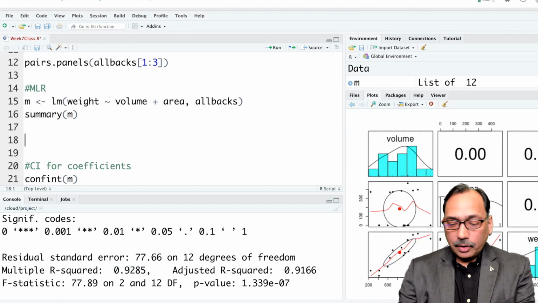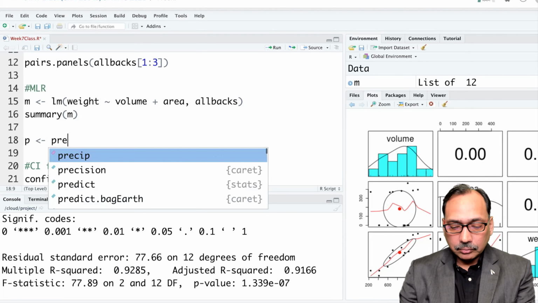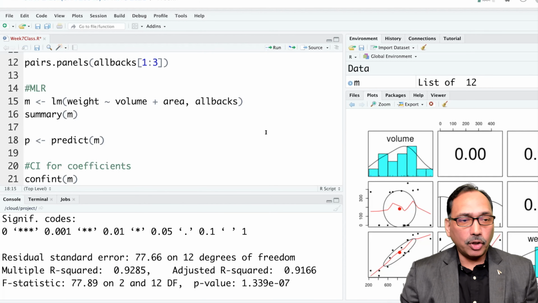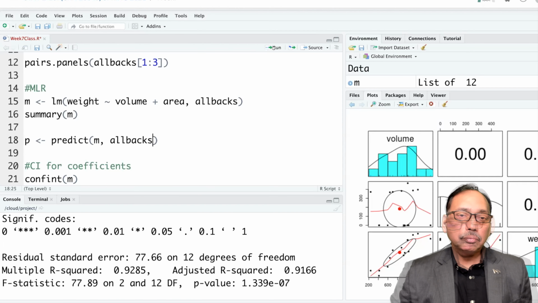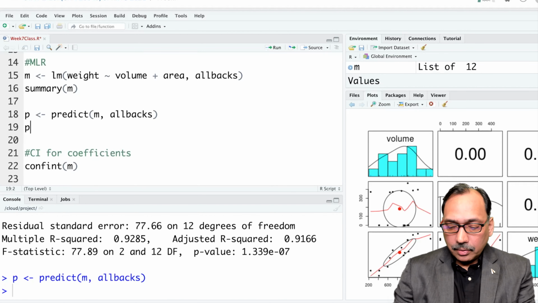So let me do some predictions here and save that in P. I'm going to use this linear model M, and we'll do predictions for all backs and store them in P, and then plot them.